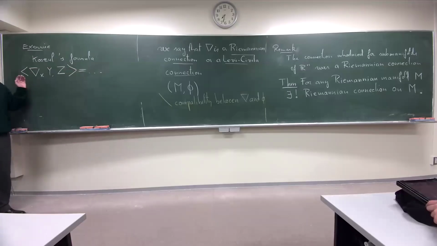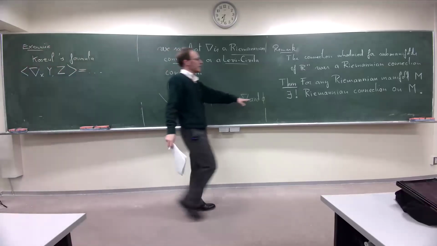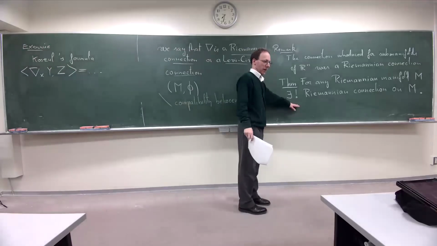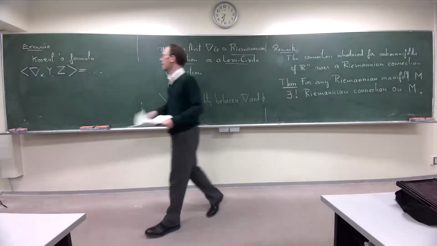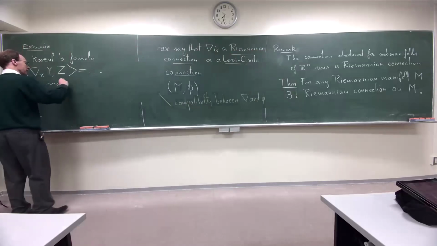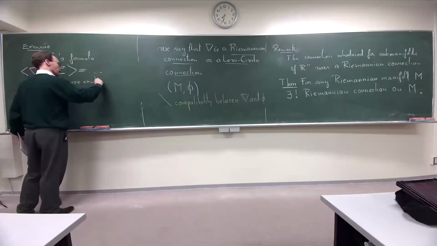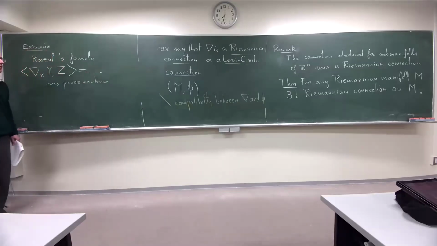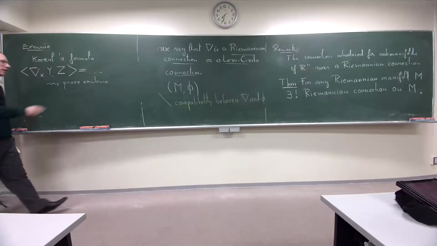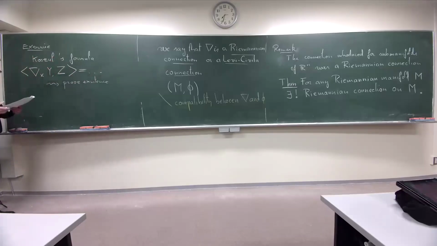With this exercise, in fact, you prove existence. Why? Because I gave you a certain formula, and you can check that this formula satisfies the property I mentioned. So it's not a uniqueness proof, but at least it proves the existence.